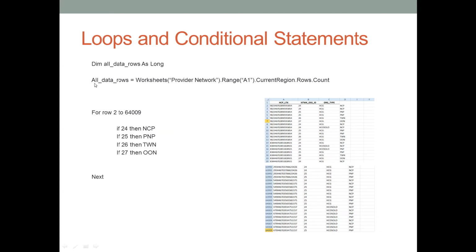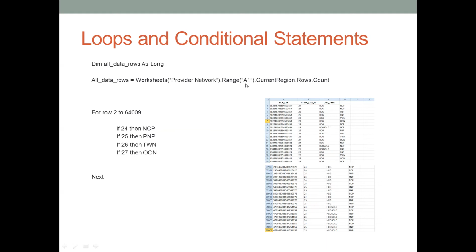Okay, well, we're going to assign all data rows equal to this equation right here. Now, this looks long, but it's really easy. Let's break it apart. So we know that we're going to be working with worksheets, provider network. I didn't show it down here, but this worksheet's name is provider network.